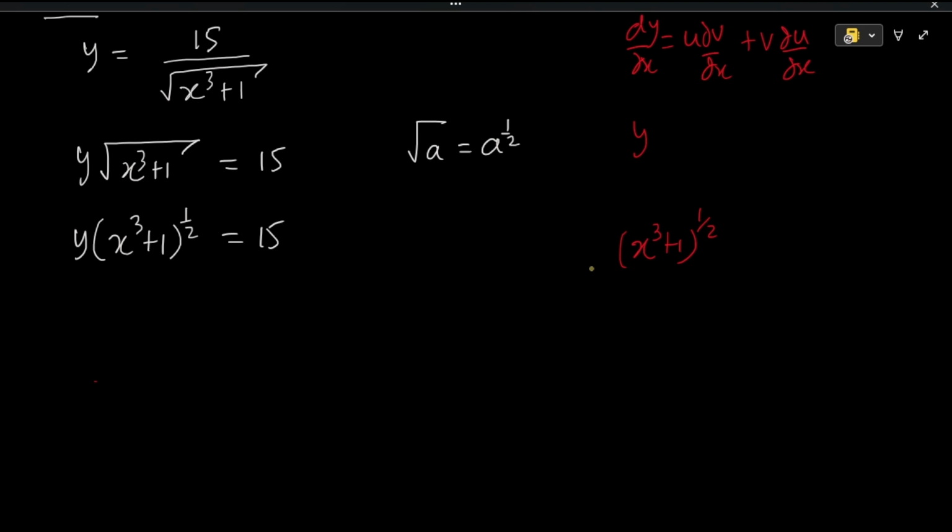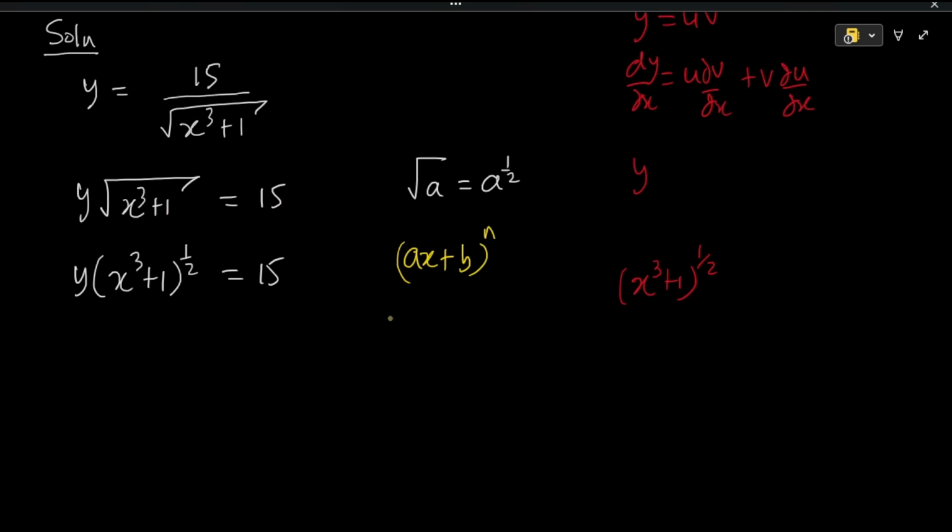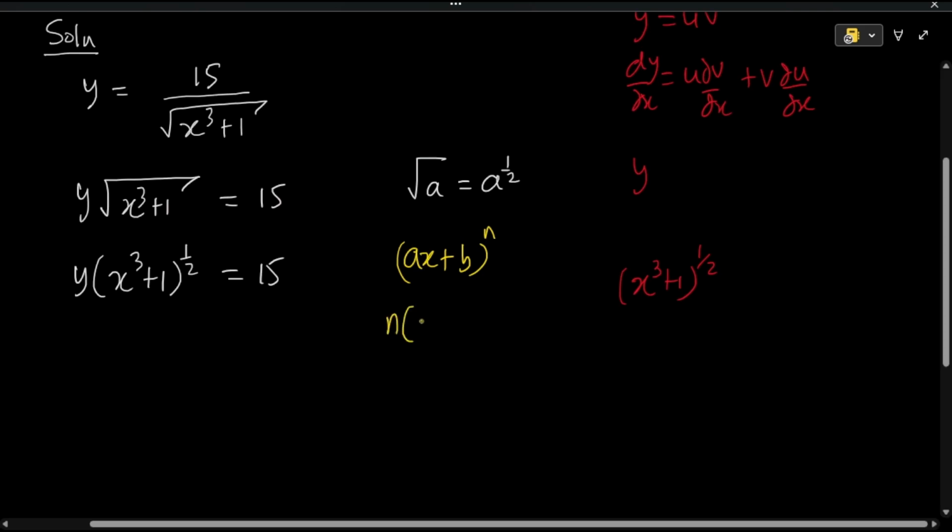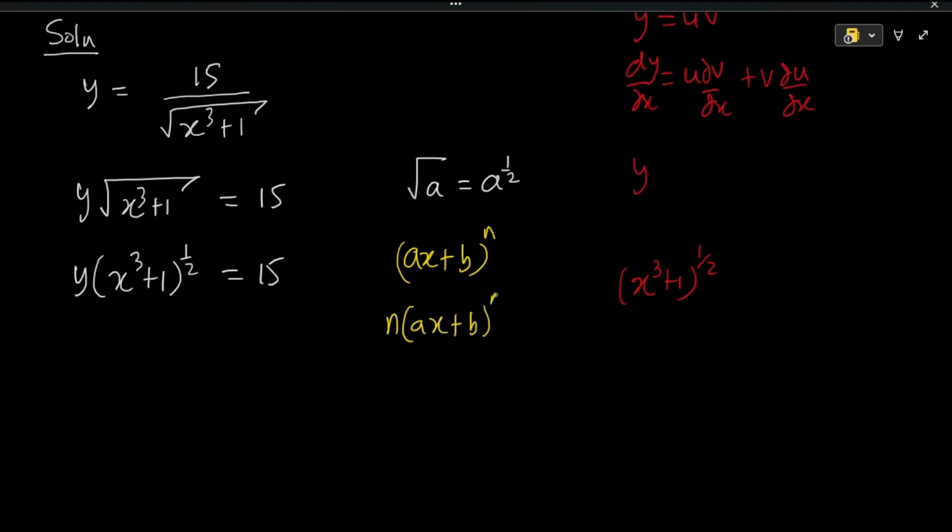The chain rule method of differentiation states that when we have a function of the form, its derivative is given by: the n is brought forward as a coefficient, we maintain what is in the bracket, we subtract 1 from the exponent, then we differentiate what is in the bracket.